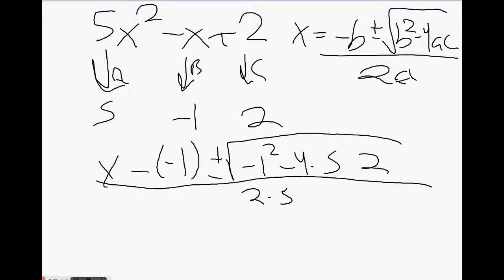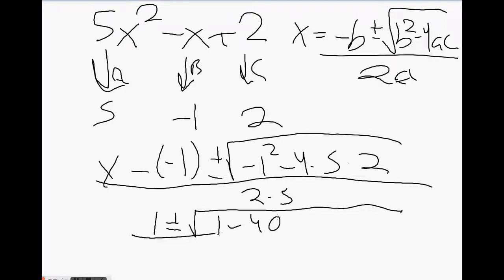So negative times a negative is a positive 1, so that's 1 plus minus the square root of 1 squared is 1, -4 times 5 is -20, -20 times 2 is -40, over 2 times 5, which is 10.